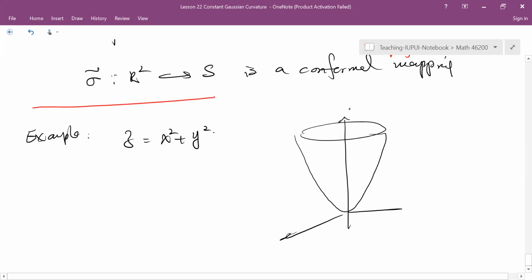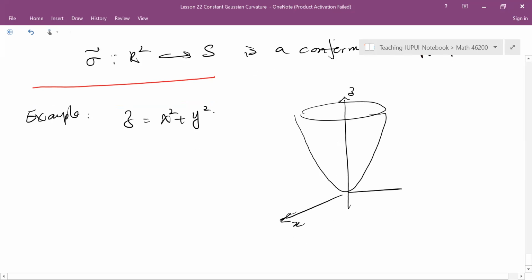Do you agree? But this is a curve in the xz plane. But I do not use a unit speed curve. This can be described as a surface of revolution, but be careful. You have to reparameterize it in order to get the curve.